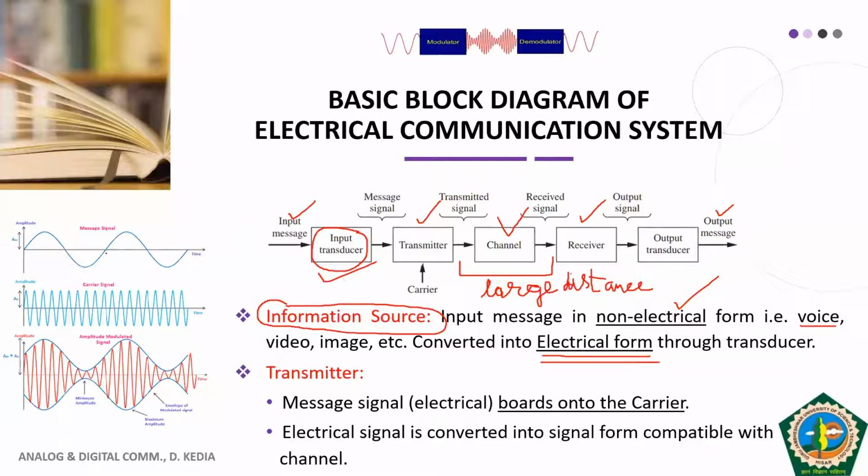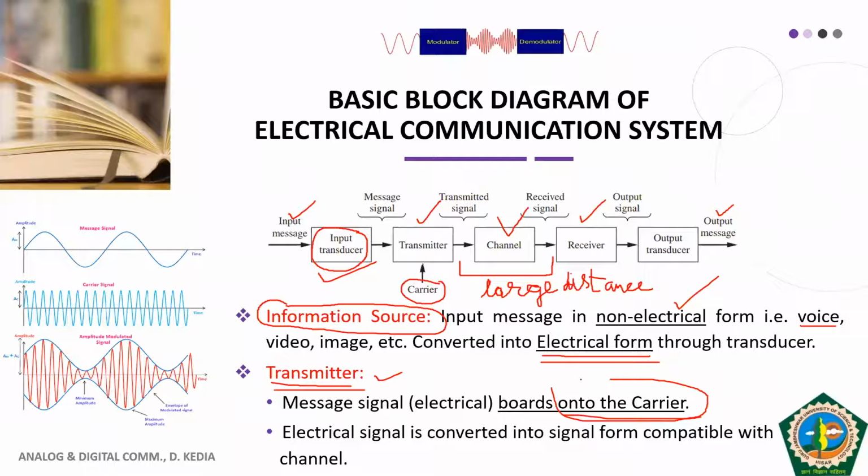The transmitter we have already talked about in the previous class. It is the transmitter that will help us in transmitting our signal through the channel. For transmitting our signal through the channel, we need a carrier, as I told you in the previous slide. So what the transmitter will do is help us in boarding our message signal onto the carrier.